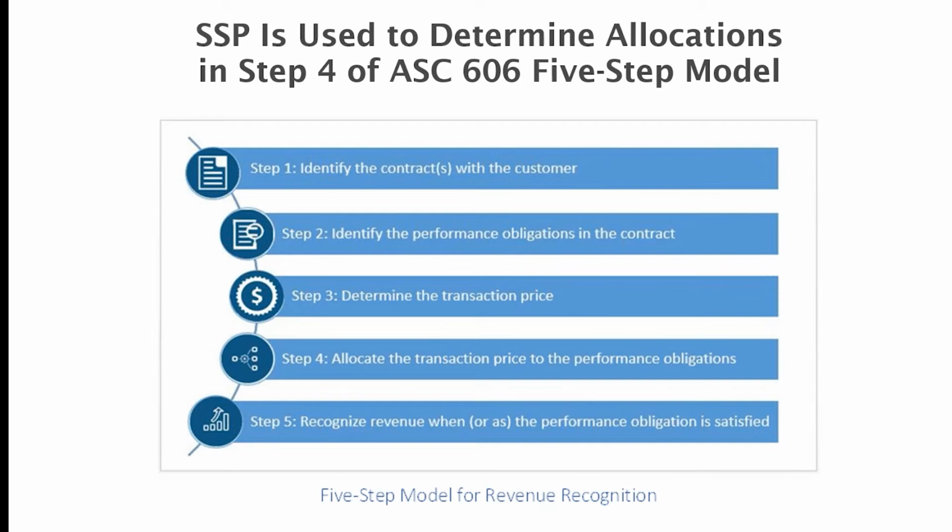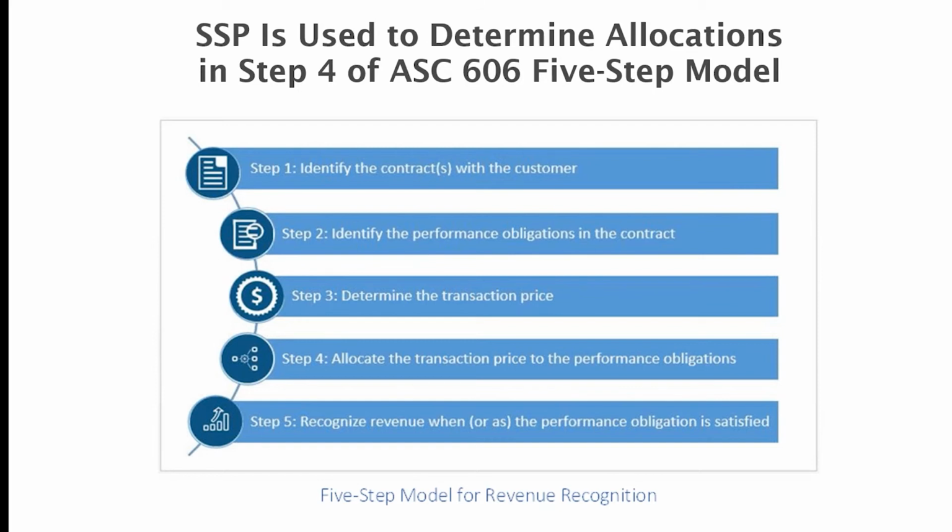The 5-step model, everybody knows, involves identifying the contract, identifying the performance obligation, and then determining the transaction price. Where SSP falls into the model is step 4, which is you allocate the transaction price to the performance obligation. So you've already identified the performance obligation and the transaction price.